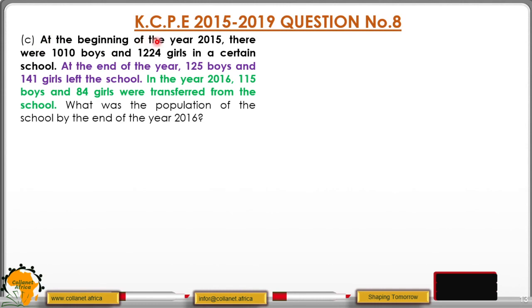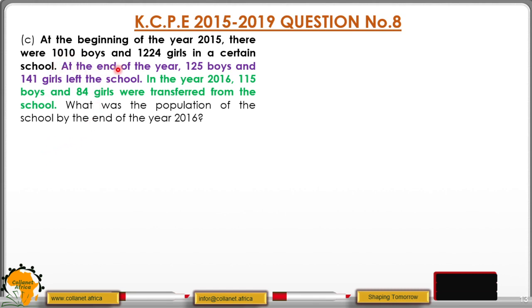At the beginning of the year 2015, there were 1,010 boys and 1,224 girls in a certain school. So for these word questions, always train yourself to be reading sentence after sentence and trying to internalize. If possible, do some sketches, even on the question booklet, or where you're working, so that you don't forget.